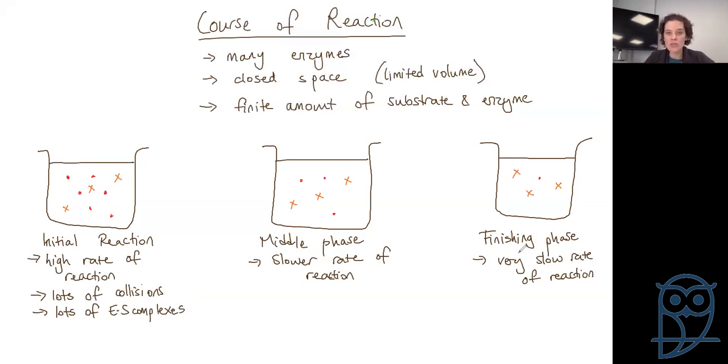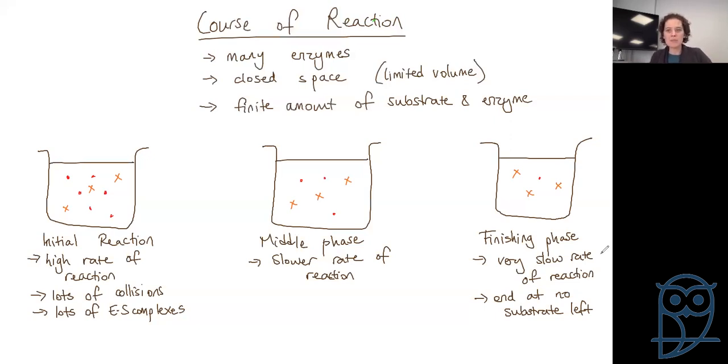The reaction only ends when there is no substrate left. So, mode of action, one enzyme, over and over and over again. That's happening on repeat within these course of reactions for each enzyme.